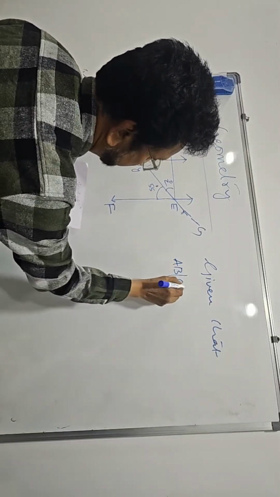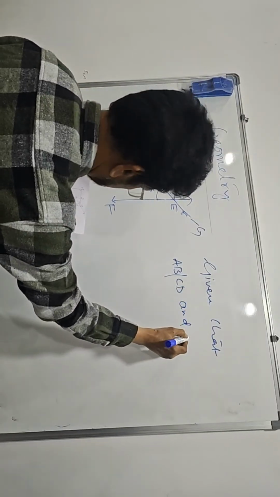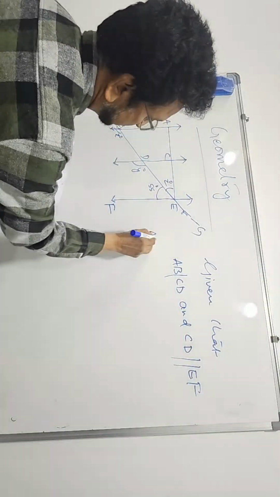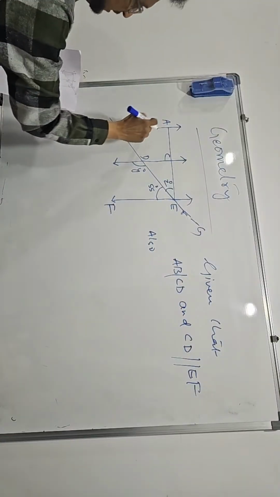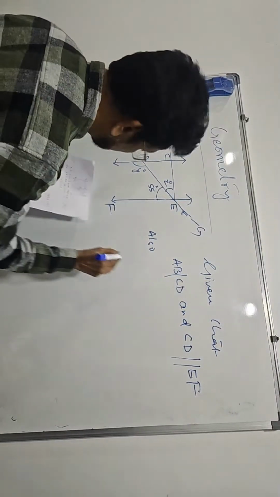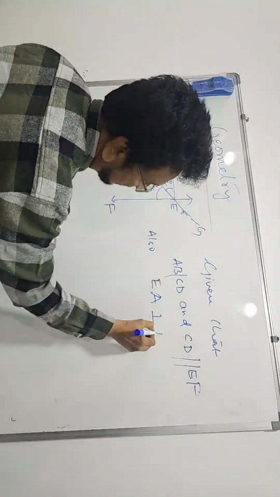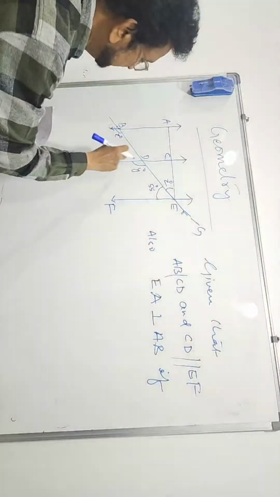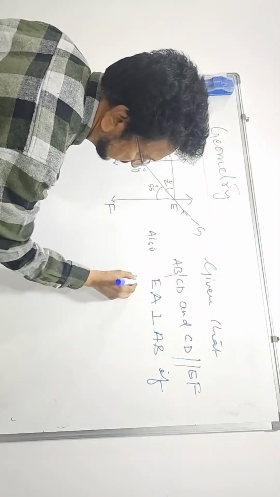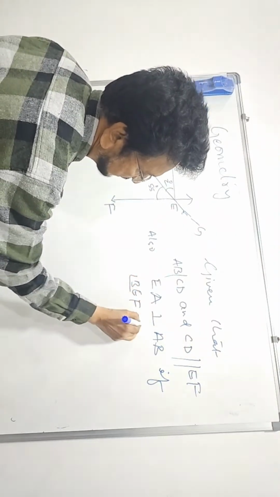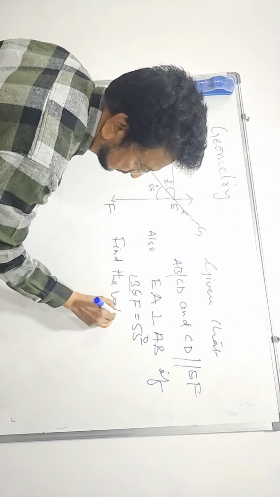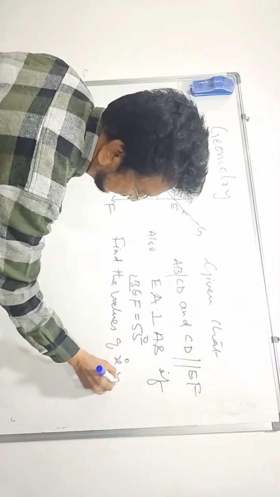Also, EA is perpendicular on AB. This is given. If this angle is 55, means angle BEF is 55 degree. Find the values of x degree, y degree, and z degree. These three values we have to find out.